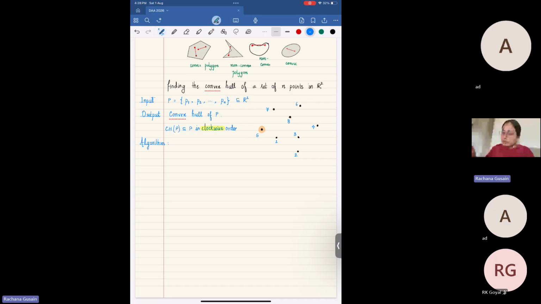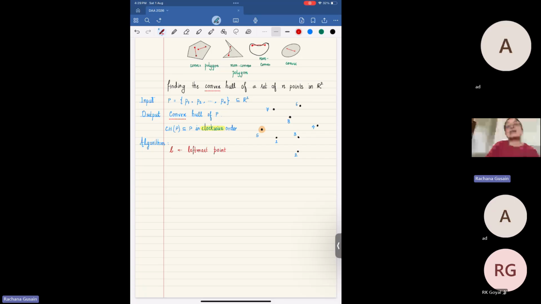Okay, so I'll quickly write the algorithm here, in terms of pseudocode. Let's say the leftmost point, point number 5, I store in some variable L. Now the key question here is, how do we find the next leftmost point?